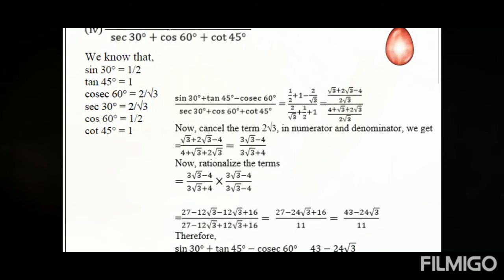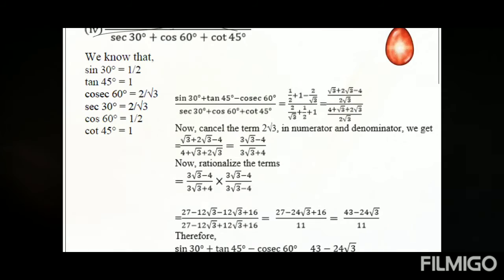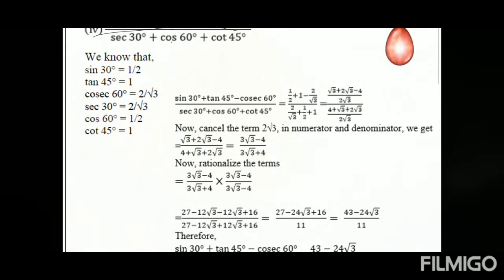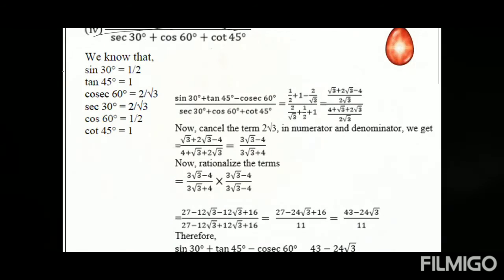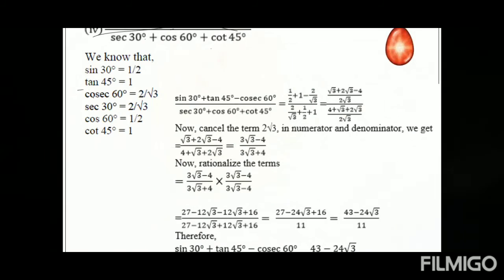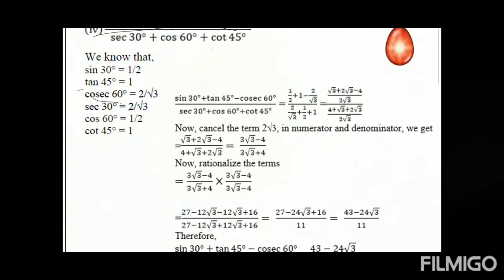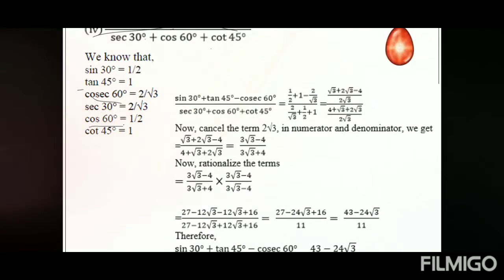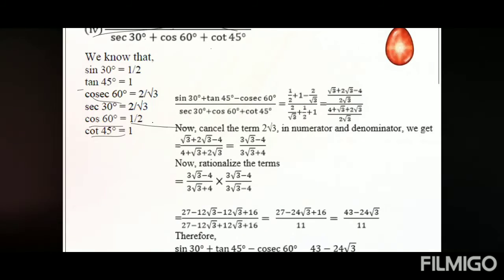Sine 30 plus tan 45 minus cosecant 60 by secant 30 plus cos 60 plus cot 45 equals what? So sine 30 is 1 by 2, tan 45 is 1, cosecant 60 is 2 by root 3, secant 30 is 2 by root 3, cos 60 is 1 by 2, and cot 45 is 1.